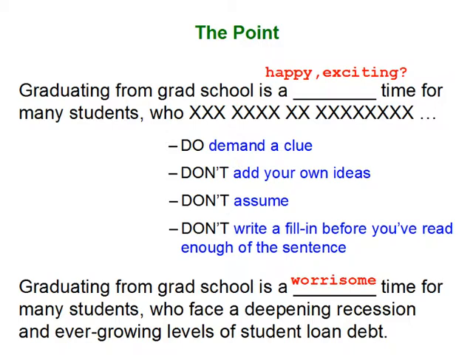Therefore, we have insufficient information for coming up with a fill-in. We must demand a clue and look deeper if at first we don't see one, because it must be there. And of course, following the comma is a likely place to find a clue, and of course we do here. Recession and debt, bad things. We need a bad word for the blank, a negative word for the blank, not the positive, happy, exciting.